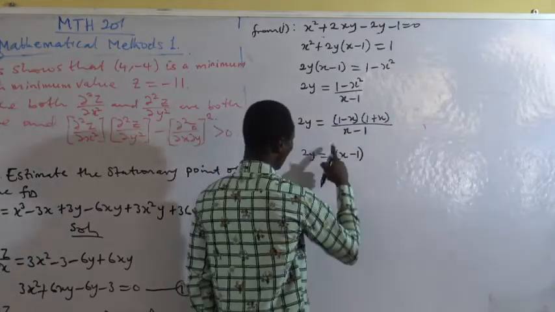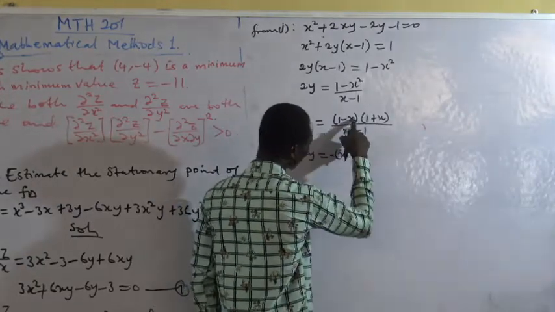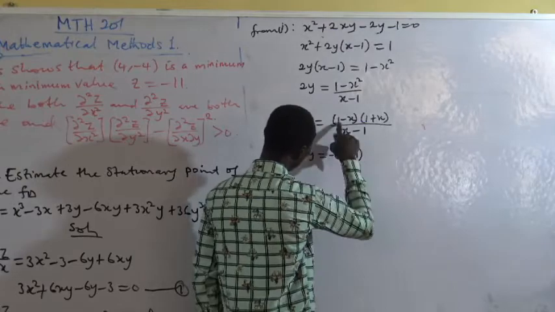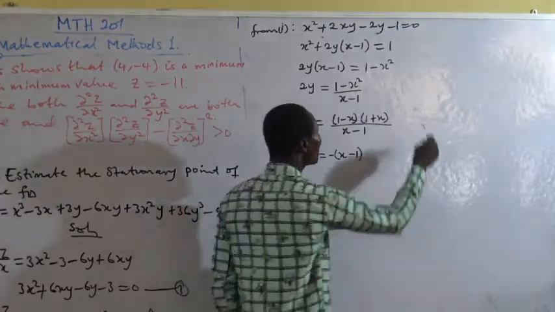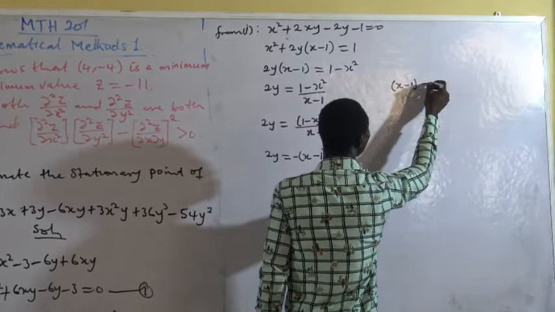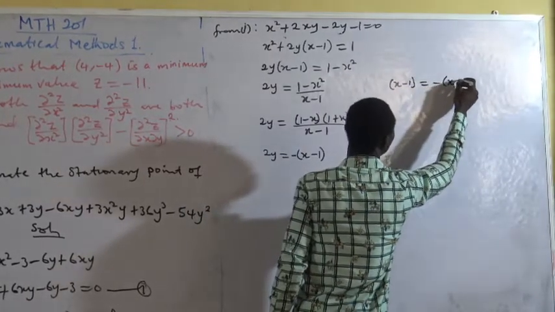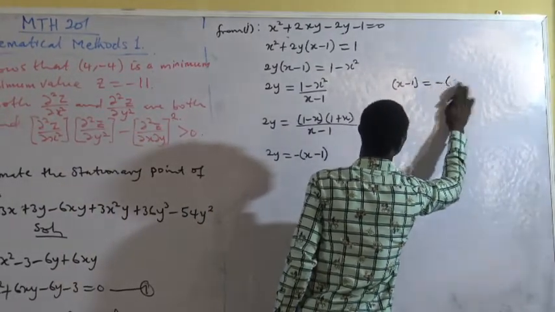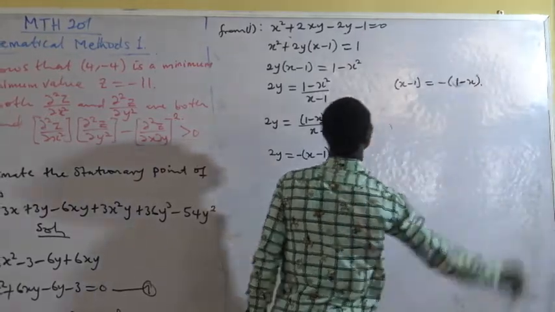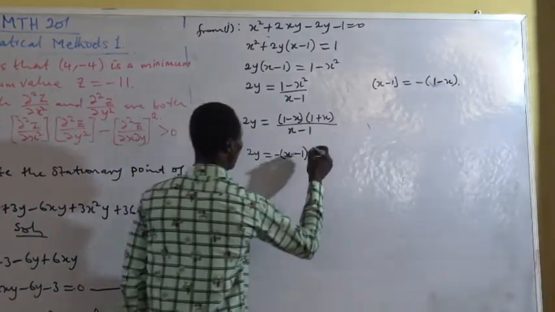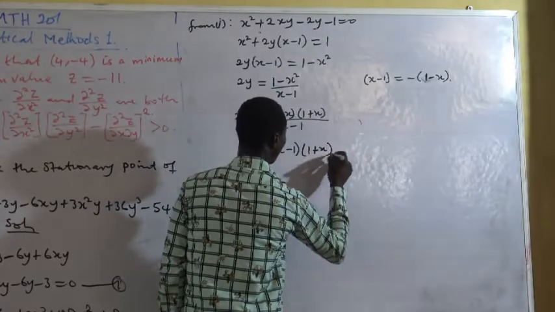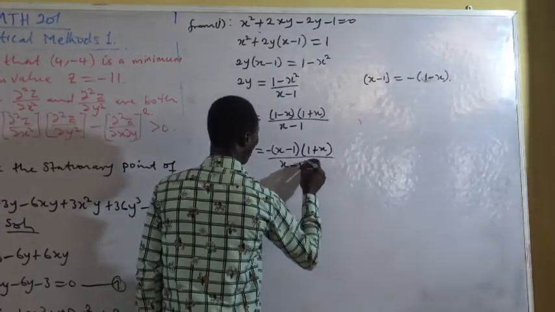If I multiply this by this, I will get minus x. Multiply this, I will get plus 1. So x minus 1 is equal to minus x minus 1 minus x, into 1 plus x over x minus 1.